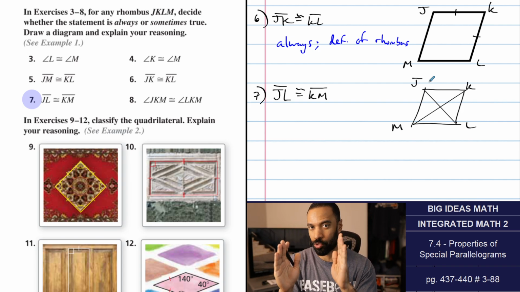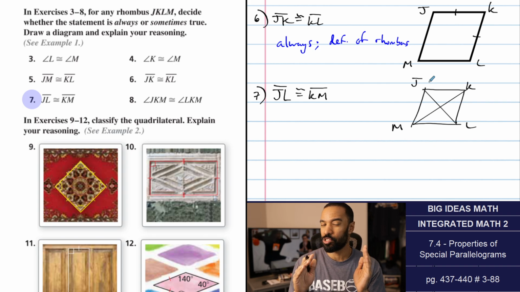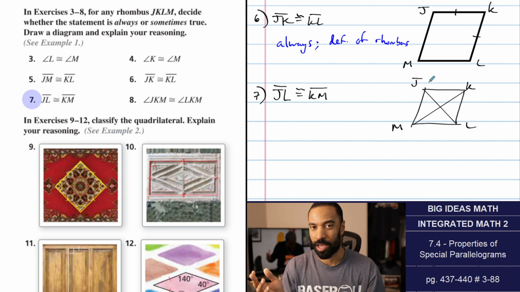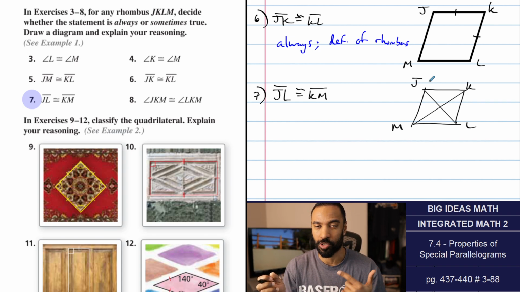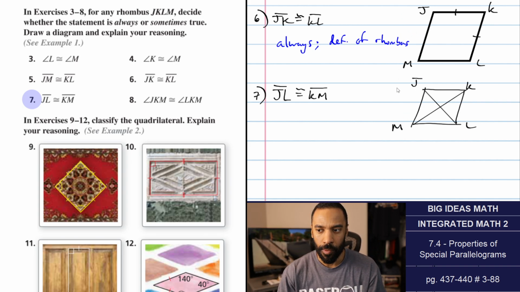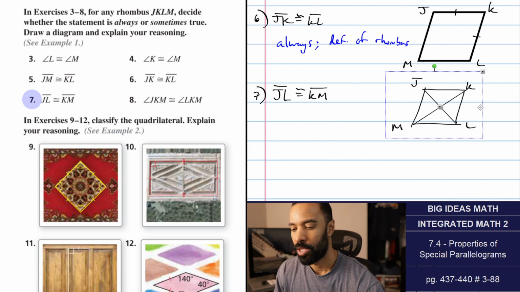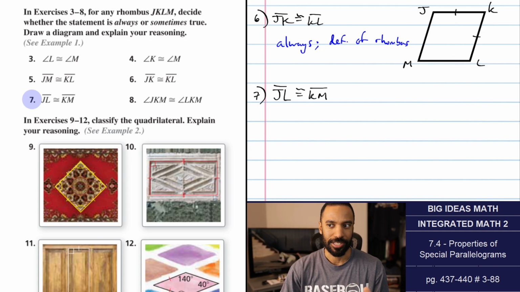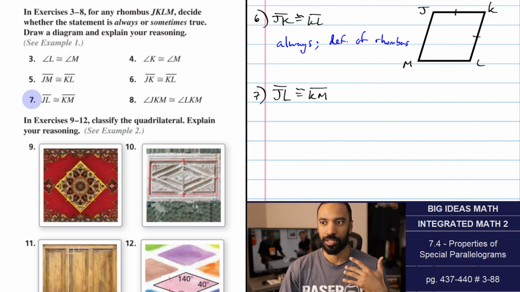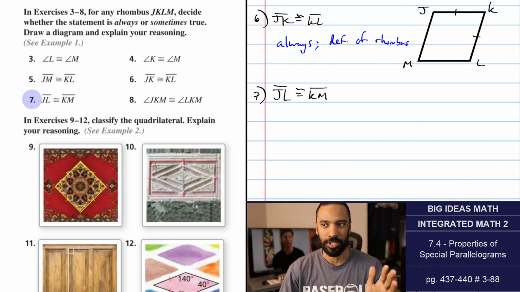We learned that rectangles will always have congruent diagonals, but then that also means that squares must also have congruent diagonals, because every square is a rectangle, every square is also a rhombus. So it's the same kind of thing. If this is a square, it'll work out. We don't want to just say if it's a rectangle, because rectangles aren't rhombuses in every which case, right?